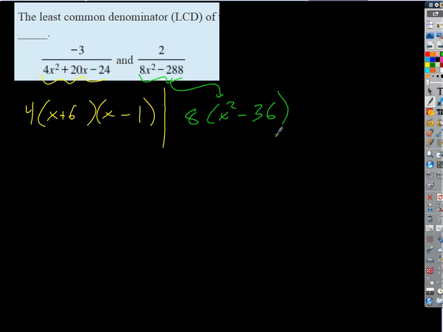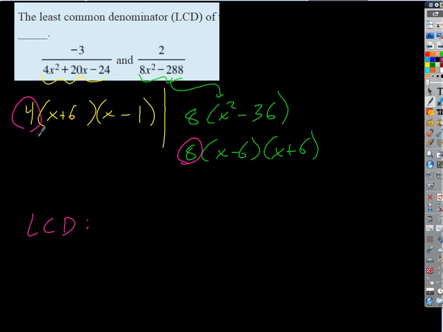Okay, so that factors into 8 times x minus 6, x plus 6. And so then what's our LCD? What's the number part? We've got to find the least common multiple of 4 and 8. Oh, 8. There it is. Okay?